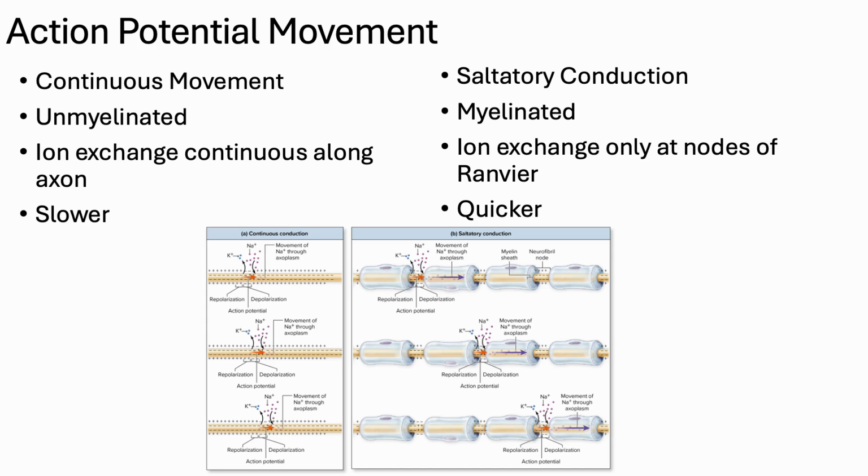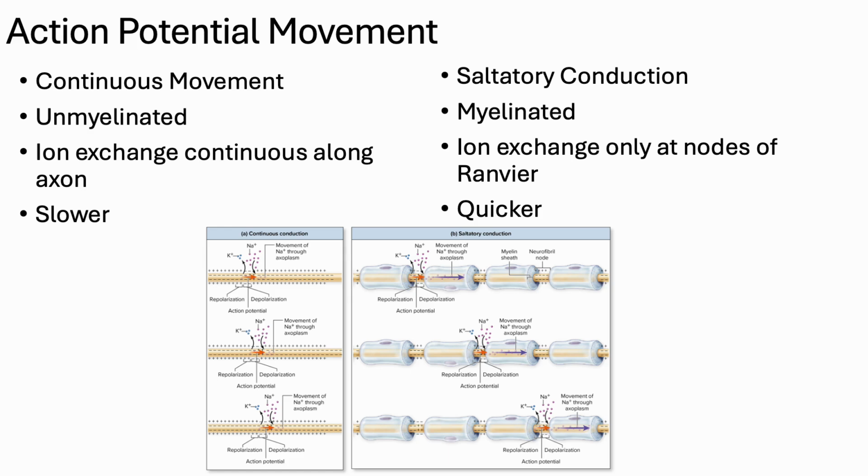Okay, so as the action potential moves along the axon, there are two different ways that it travels, based on whether or not the axon is myelinated. Just as a review, we have a slightly different process of myelination in the peripheral nervous system versus the central nervous system. Can you recall the type of glial cell responsible for myelination in the peripheral nervous system?